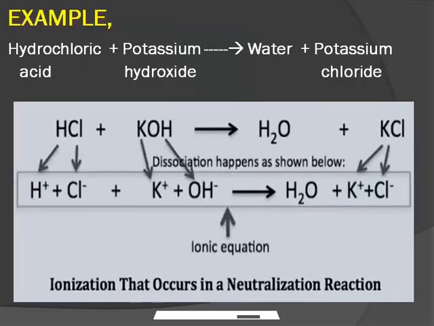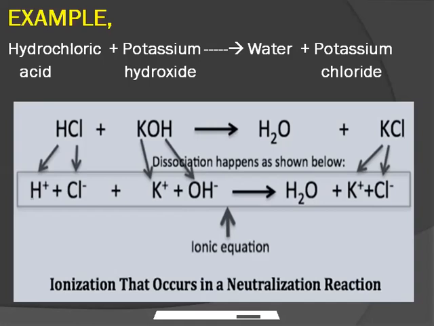Another example is hydrochloric acid reacts with potassium hydroxide to give water and potassium chloride. The acid will dissociate as H plus ion and chloride ion. The base will dissociate as potassium ion and hydroxide ion.